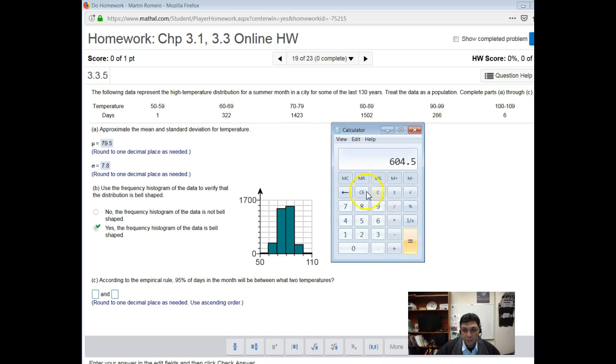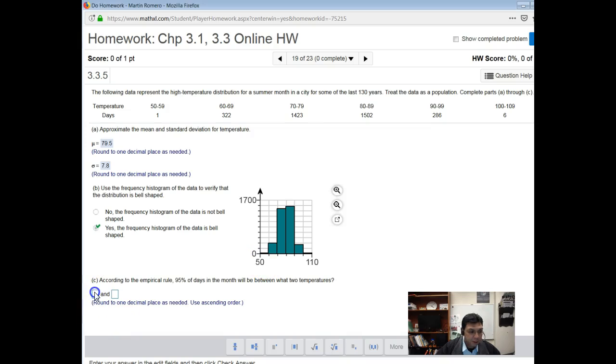That's the wrong, this is a messed up calculator here. So you're going to do 79.5 minus 7.8, but we want to do that twice. Minus 7.8. And so then you get 63.9 here.